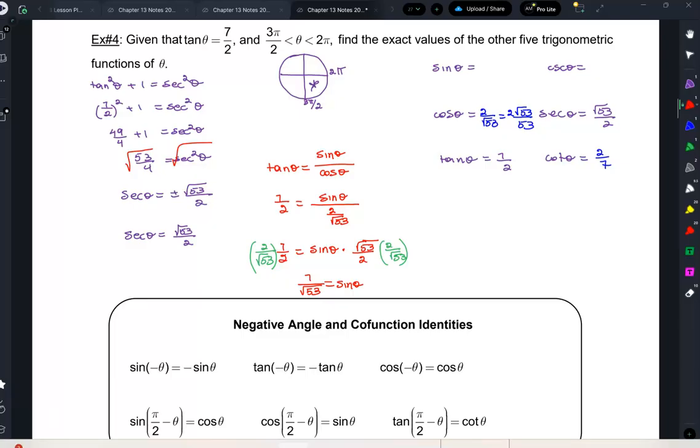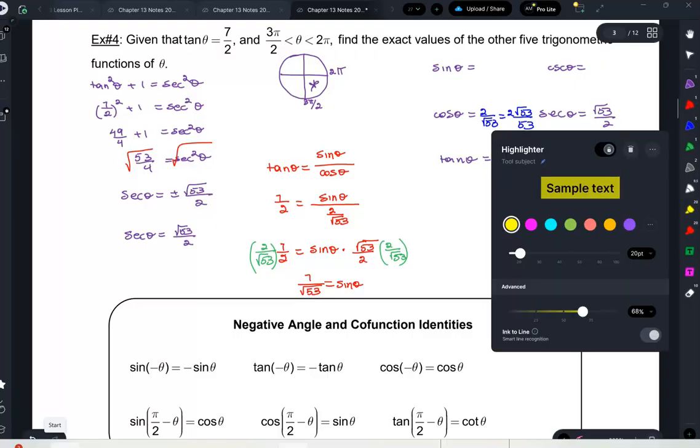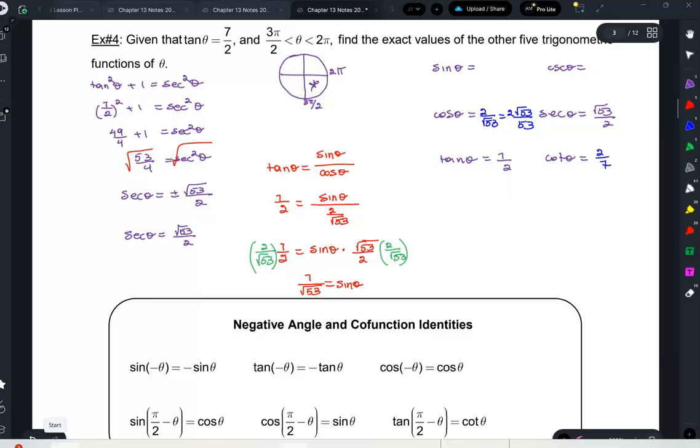But in this case, we didn't multiply by the reciprocal of this. We multiplied by this entire thing. The reason is we have to multiply by the denominator of this entire fraction, and the denominator of that complex fraction is 2 over root 53.